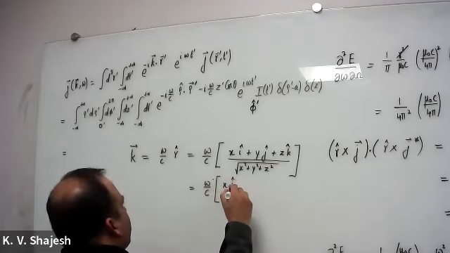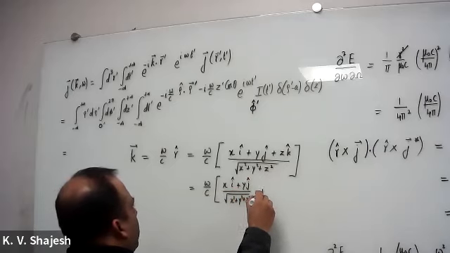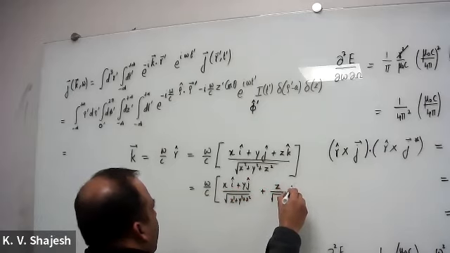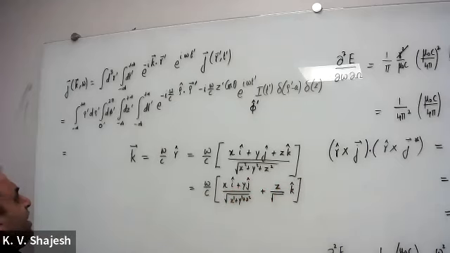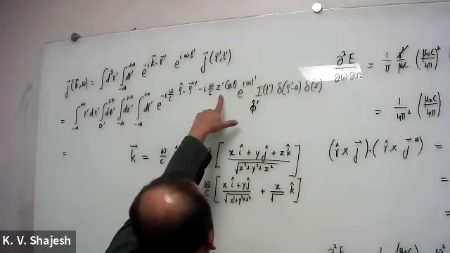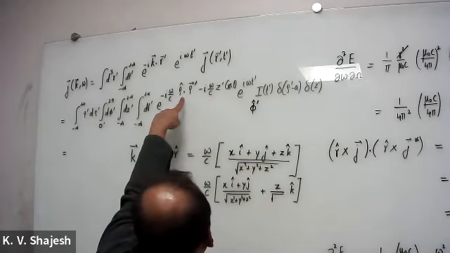X i hat plus y j hat, over the square root, plus z over the square root times k hat, right? Is that clear? Mm-hmm. And this one went in here, and this one goes in here.